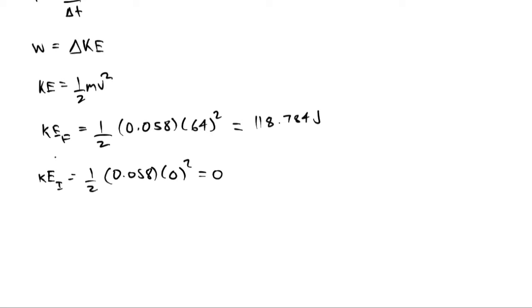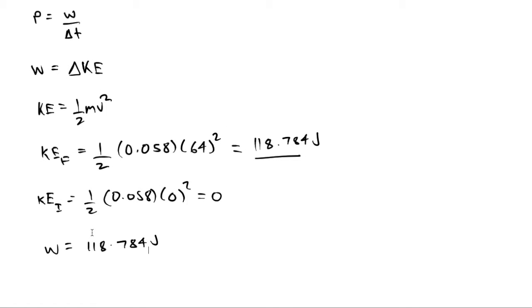So we can just subtract these two. We know that final minus initial would just be this number. So the change in kinetic energy is work, which is equal to the change in kinetic energy, which is just 118.784 joules.